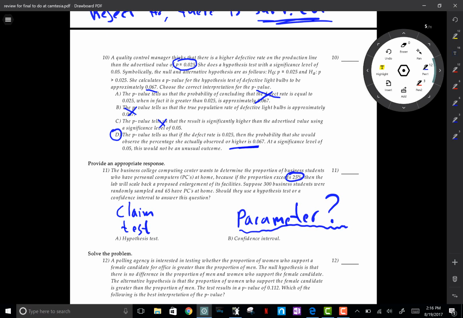So they already have a proportion in mind. For this one, we're going to say they're trying to test a claim, to see if more than 25% of the students have a PC at home. If they do, then they have to enlarge the facility. So for this one, it should be A.